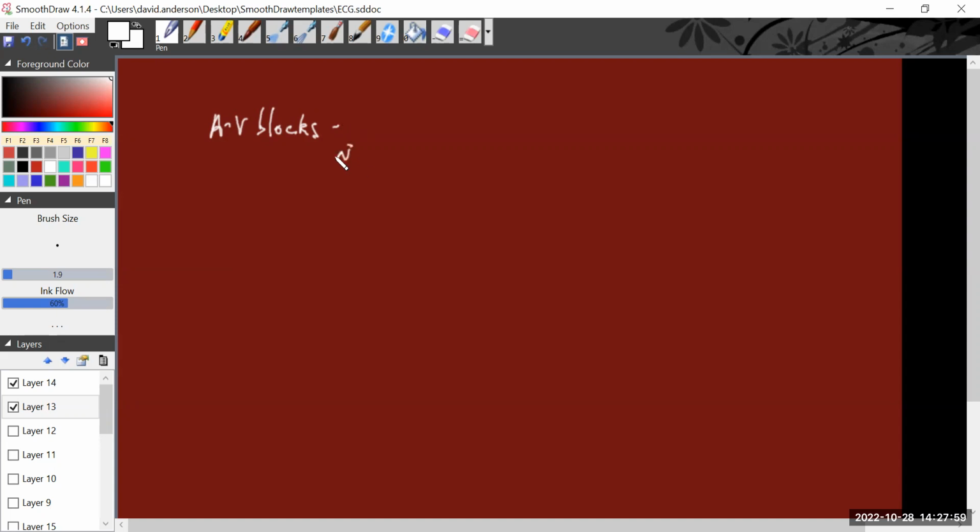So we have abnormal communication between the AV node and the QRS contraction, in other words, ventricular contraction. Now you can have a first degree block.